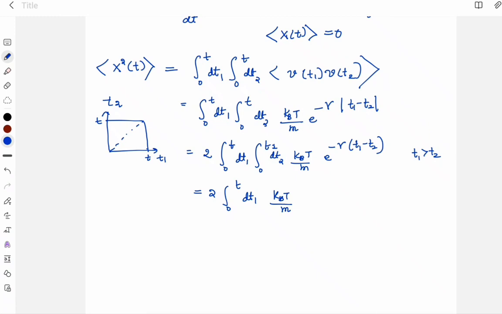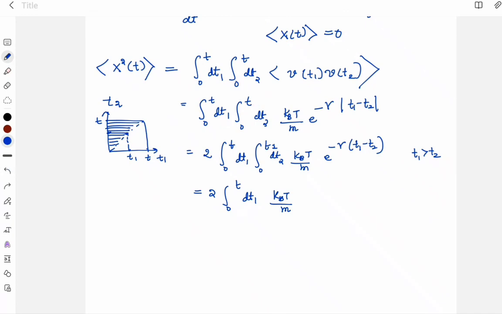Let's say we are starting t2 at 0, and when we reach t1, we are just doing this half integration, right? The second part is the double of this, so we are just going up to the t1 value. So the limit of this integration will be changed to t1.